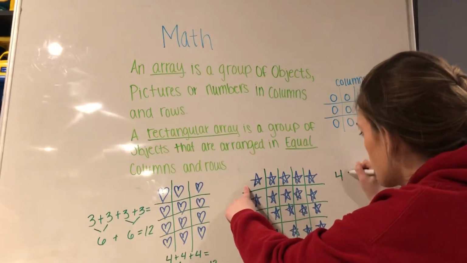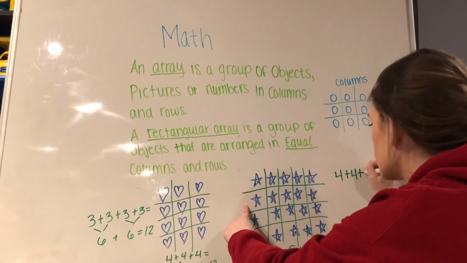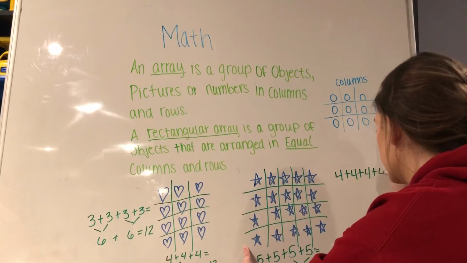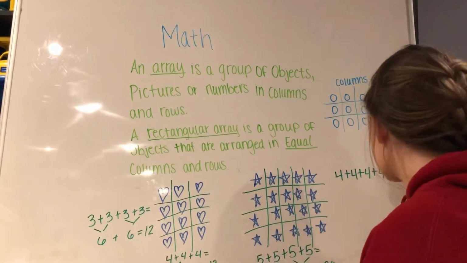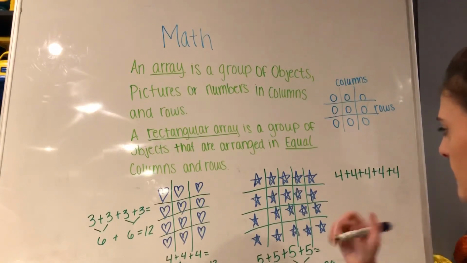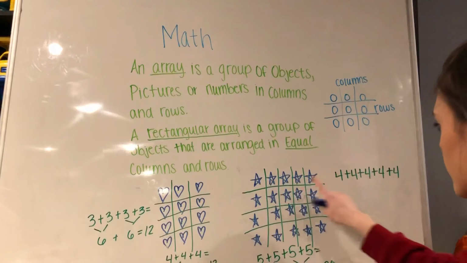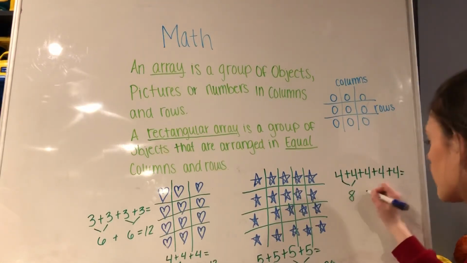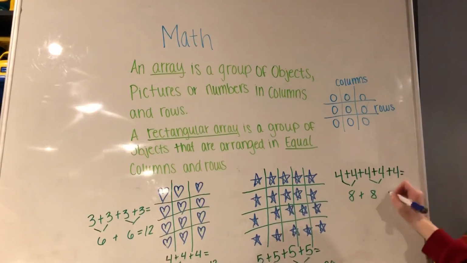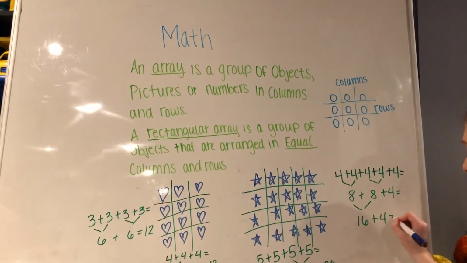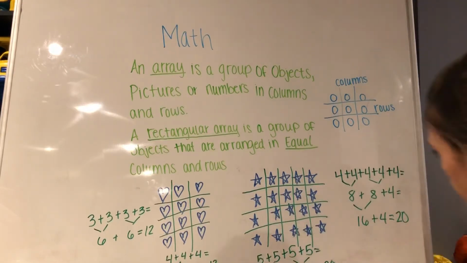So we're going to say 4 plus 4 plus 4 plus 4 plus 4 equals, 4 plus 4 is 8, plus 4 plus 4 is 8, plus 4 more equals, 8 plus 8 we know is 16, 16 plus 4 equals 20. So there's our answer to our second array.